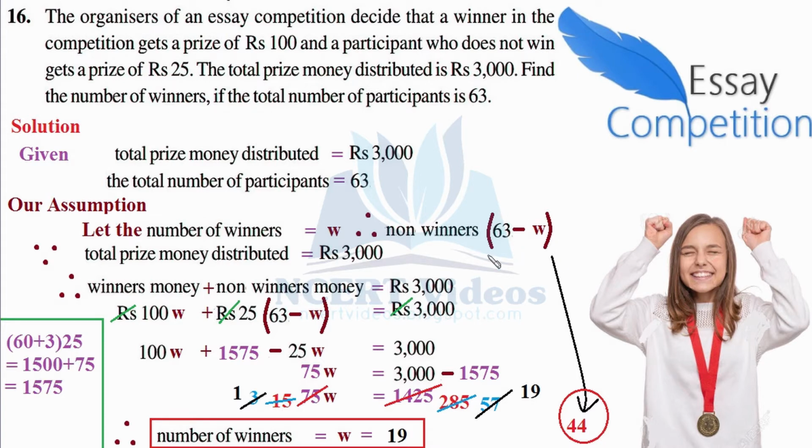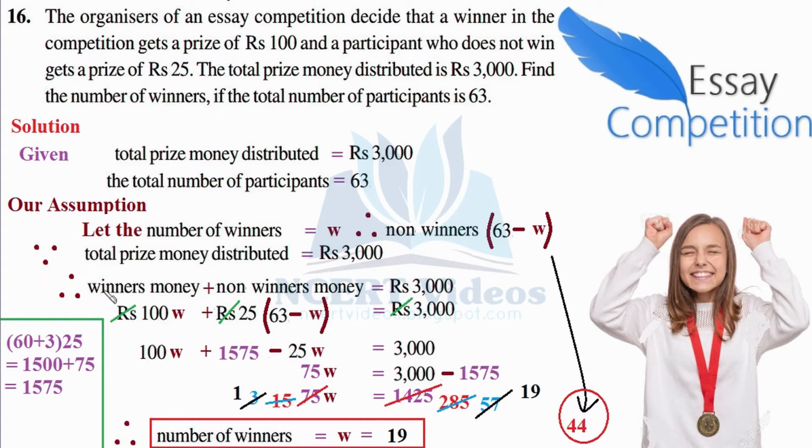This bracket simply denotes that it will give us a single number when we solve it. Because the total prize money distributed is rupees 3000, as we wrote in our first given statement, winners' money plus non-winners' money would be equal to rupees 3000.